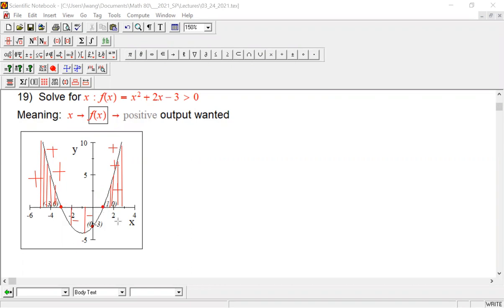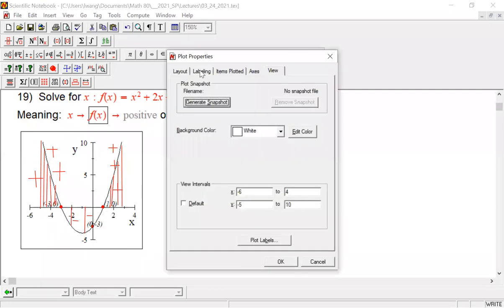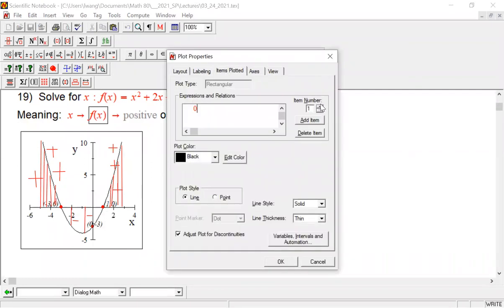Because we wanted positive, what happens on the two red dots on the x-axis? They should be circles.